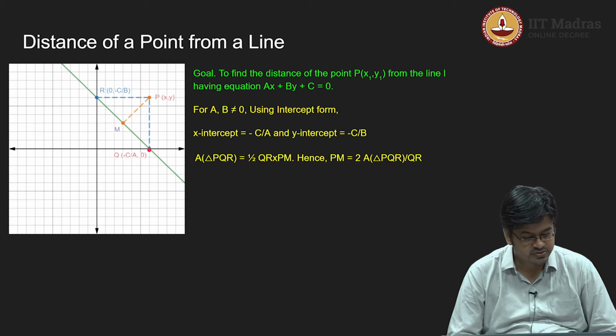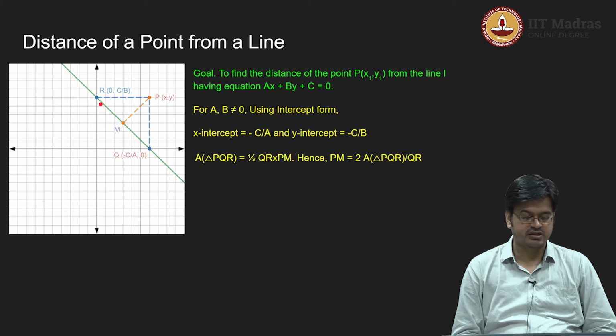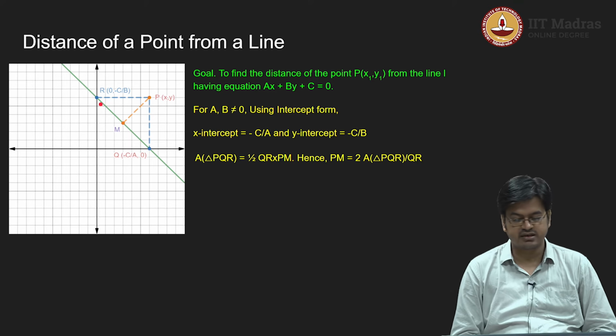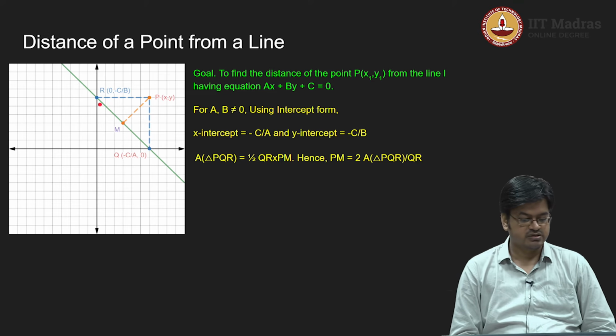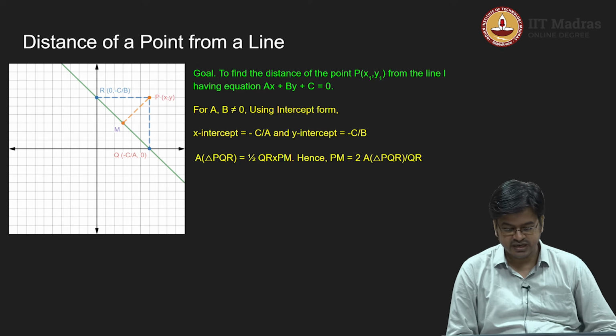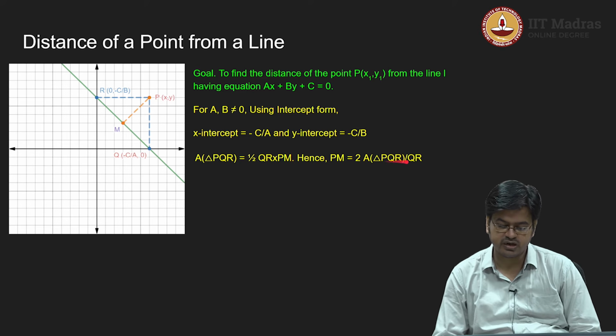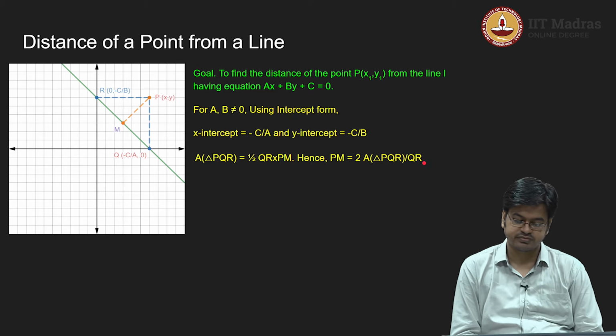Yes, of course, because this is the x-intercept, this is the y-intercept, and these are distances on the x and y axes, and all of them form a right angle triangle. So, by the Pythagorean theorem I will be able to find the length of QR. So, I can reformulate the question as PM equals 2 times the area of triangle PQR upon QR.